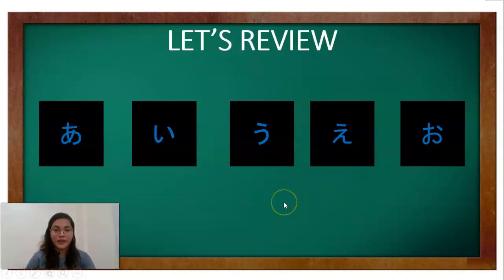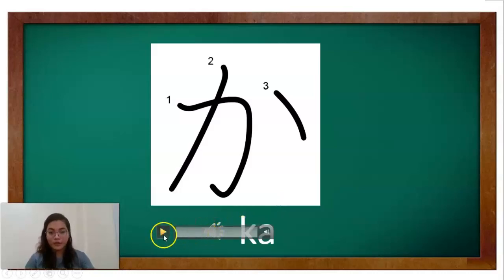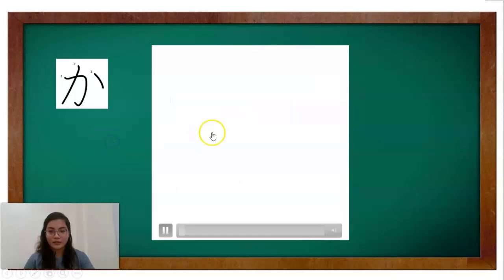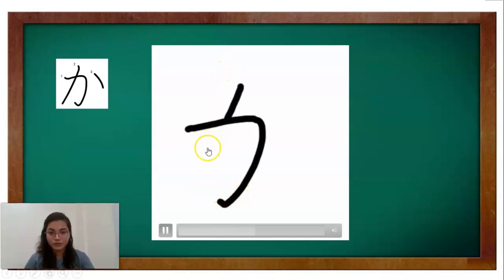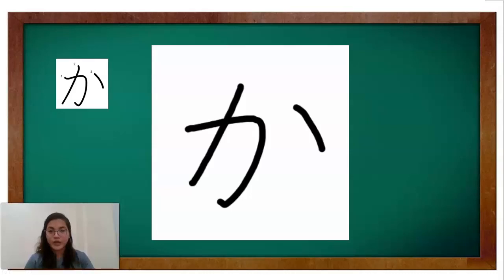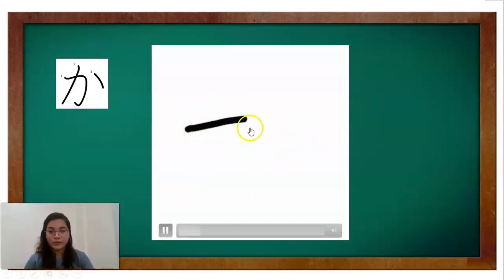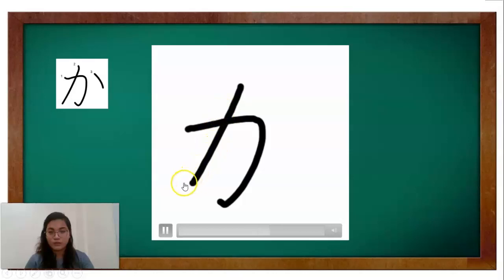Okay, great job. Next is the K row, which starts with the Ka character. Ka has 3 strokes. 1, 2, and 3. Okay, let's try it again. 1, 2, and 3.